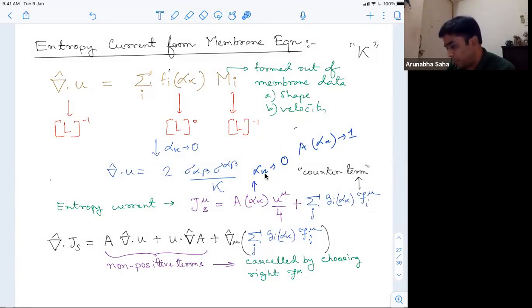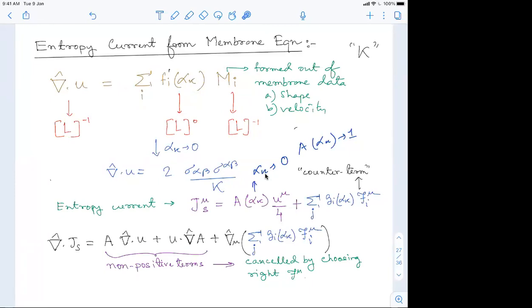And the point is that if you take the divergence of this object, there are two parts coming from this one only, and then the divergence of the rest of the part. And from the equation of motion, the most general equation of motion that you can write, you find that not all of them are positive definite terms. So they will not give rise to positive definite entropy production for any arbitrary dynamics.